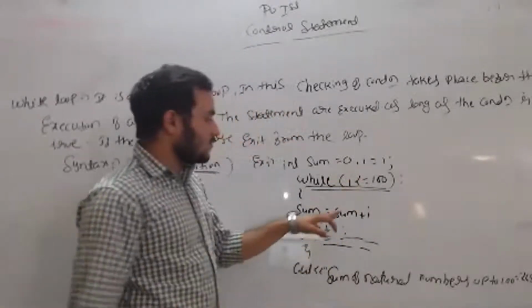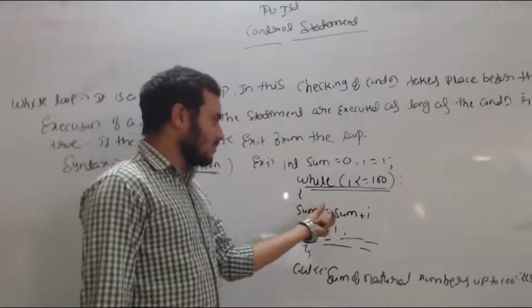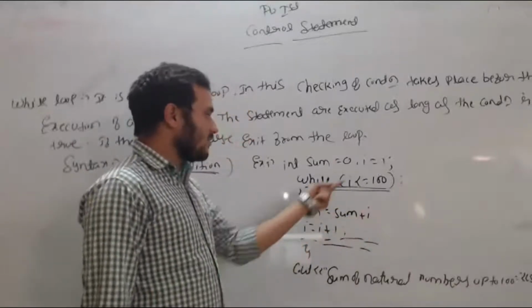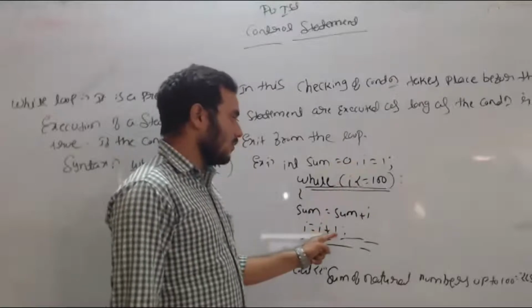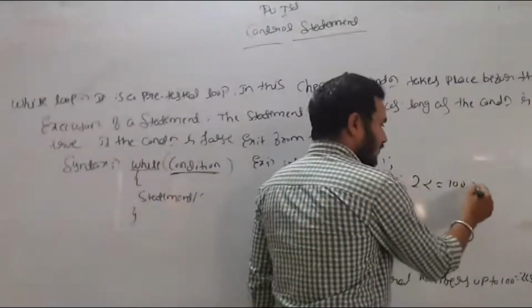So sum is equals to sum plus I. I am using shortened expressions here. Sum is equals to sum plus I. I is equals to I plus 1, so 1 plus 1 is 2. 2 less than or equals to 100, the condition becomes true.